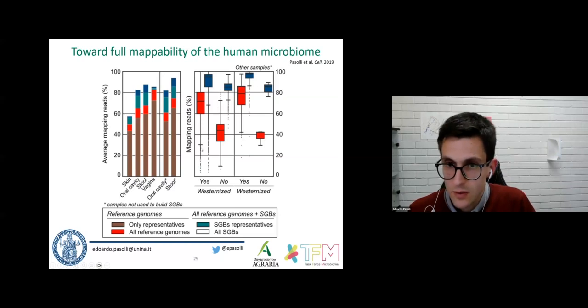If we look at this plot, in red is just using isolated genomes. In blue is also adding the new MAGs. In this case, we can see a strong improvement of the mapping rate when we map our raw reads versus the database with all the genomes.